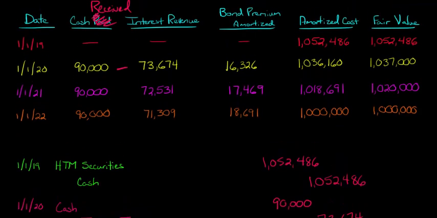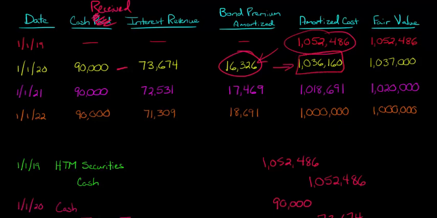We take $1,052,486 and subtract the $16,326 amount of the premium that was amortized, and that equals $1,036,160. On January 1st, 2020, if we looked at the balance sheet, the carrying value of this held-to-maturity security would be $1,036,160. So the amortized cost changes each period as we amortize some of that bond premium.